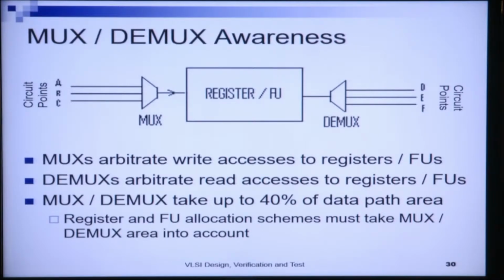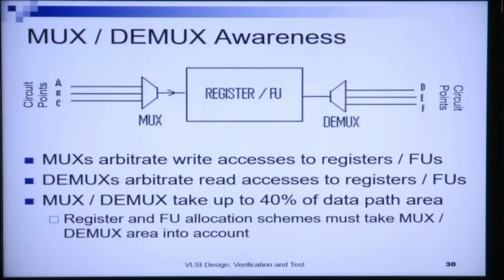Because the number and types of functional units that we have, as well as registers that we have, will determine how many muxes and demuxes we need and what their types will be. And we said that muxes arbitrate write accesses to registers or functional units.